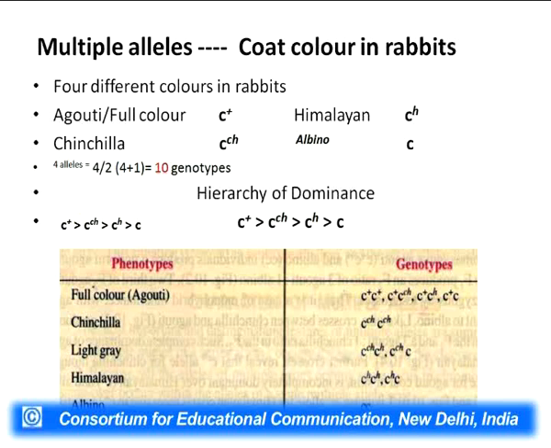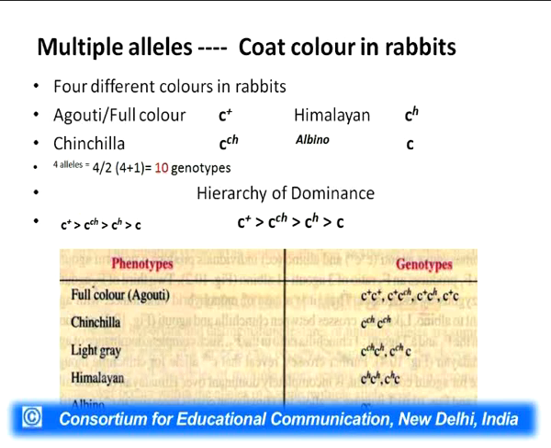C plus is responsible for the agouti or the greyish color. Then there is a Himalayan rabbit, whose color is controlled by CH, and there is a white rabbit with black extremities called chinchilla. It is denoted by CCH, and a pure milky white rabbit, which is an albino, which is denoted by C.